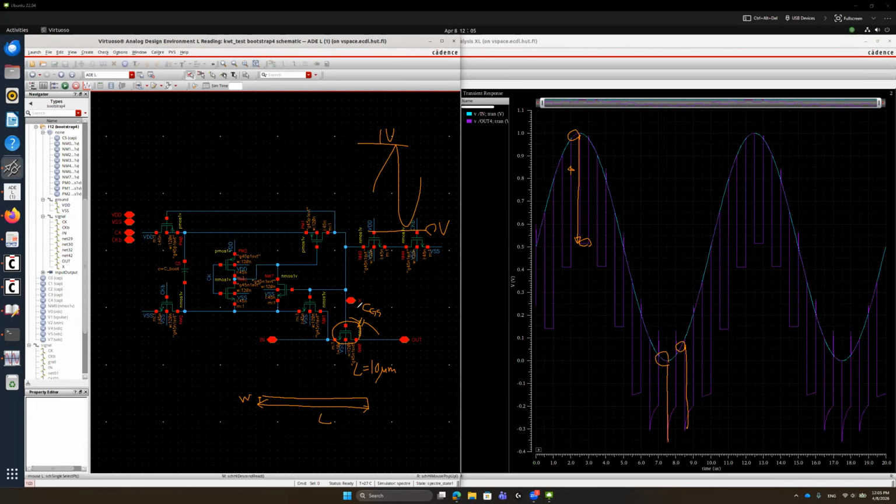So during the bootstrapping action, this one is boosted to VDD plus Vin, and then it is reset to 0 volt. So there is some sort of negative swing. I am zooming in here. If there is some negative swing here, then we have a cap, and there is another cap.